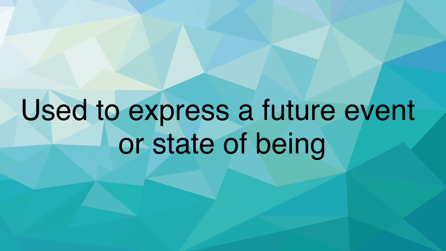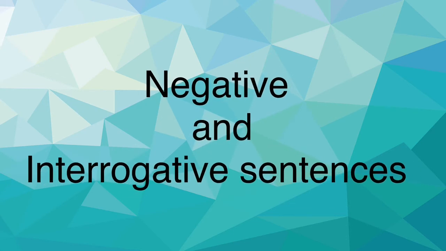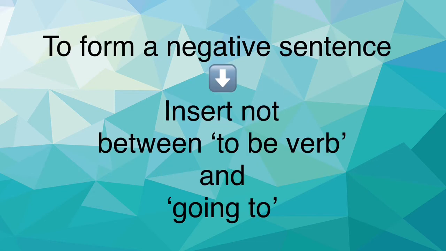The rules for forming the negative and interrogative sentences with the phrase going to are just the same as we have done with will or shall. To form a negative sentence, we just insert a not between the to be verb and the phrase going to.